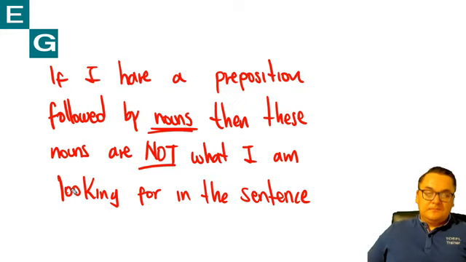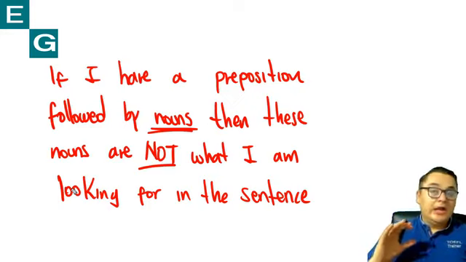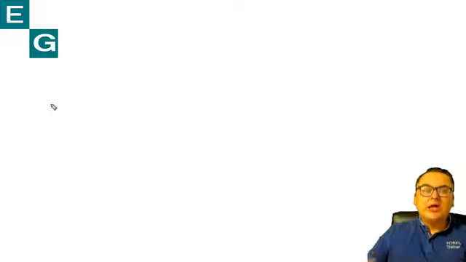So, how can I identify a noun, an object of a preposition more properly? There are some words that allow me to identify an object of a sentence. An object, this is what I'm looking for in my exam.